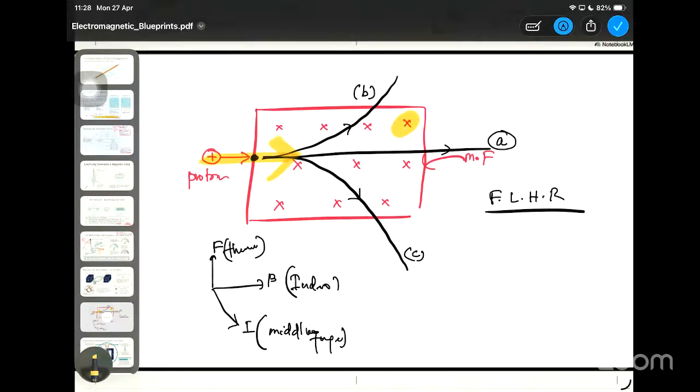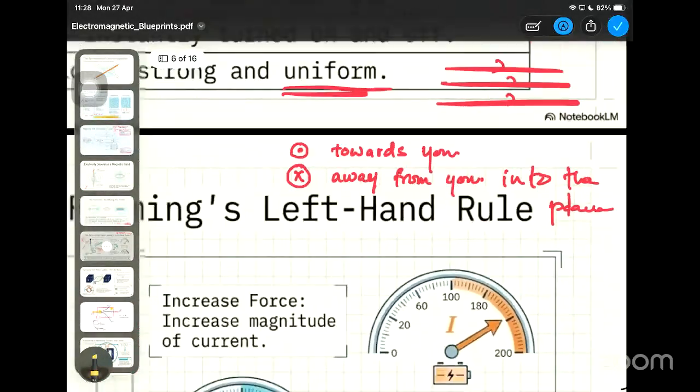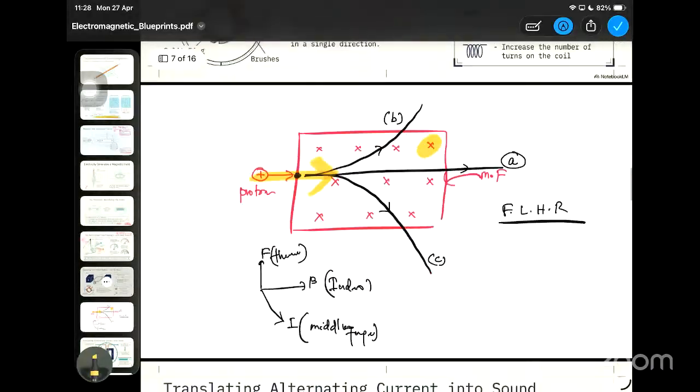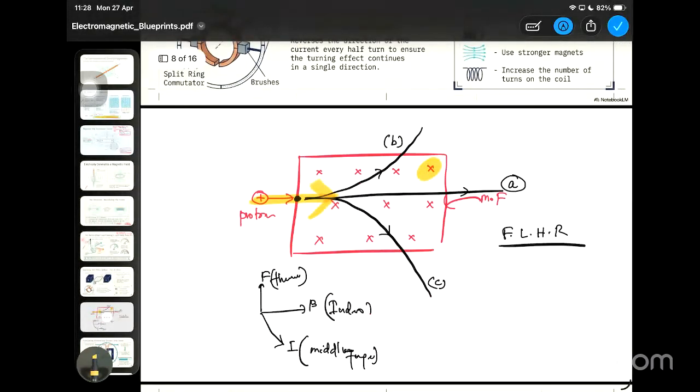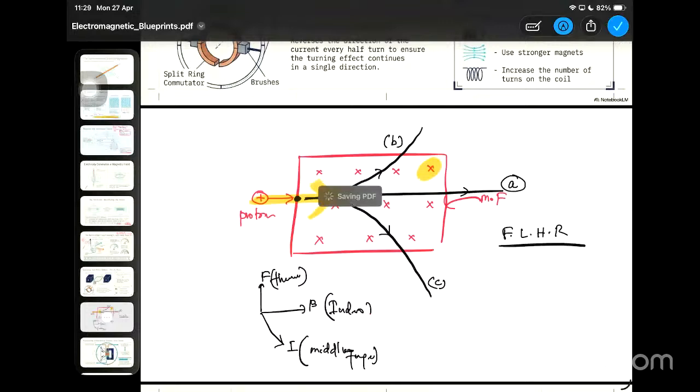The cross symbol means the magnetic field is pointing into the paper, going away from you. So the index finger will be pointing into the paper, not towards you. Which means the thumb is pointing upwards. Therefore, this will be the correct path, right?